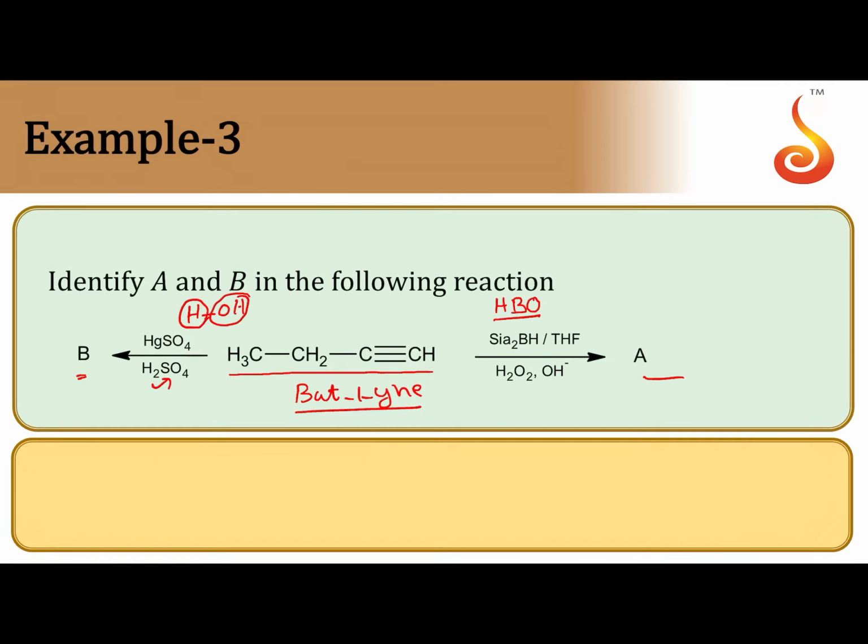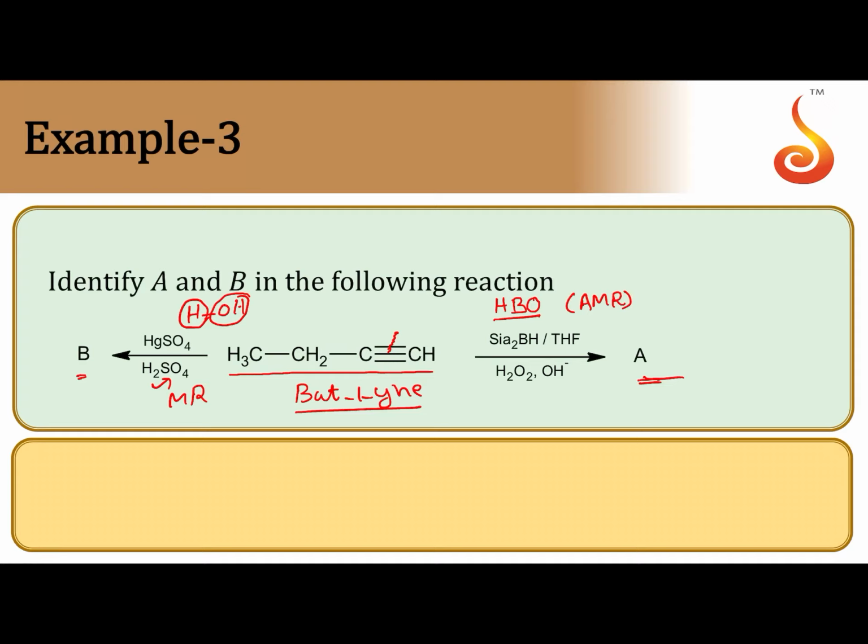H and OH are both added after breaking the C-C pi bond according to Markovnikov's rule. During the formation of A, H and OH are both attached opposite to Markovnikov's rule, so we can say it is anti-Markovnikov's rule. So very simple.